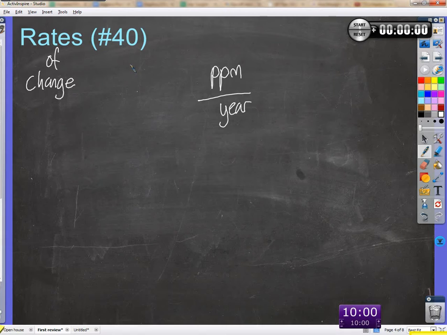So you took 4.4 minus 1.4, and what does that represent? Well, just this subtraction represents the change in pollution from the beginning to the end, right?